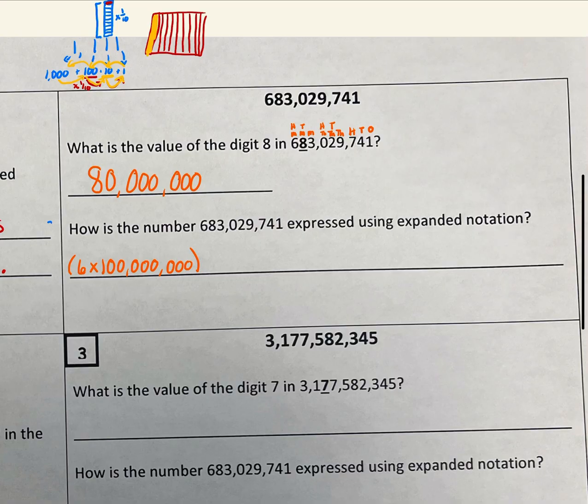Then continuing on, I see my 8, and it is in my 10 million spot. So to get that, I would have to do 8 times 10 million. Then I have my 3, the digit 3, and that's in my million spot. So that means I would have to do 3 times 1 million.